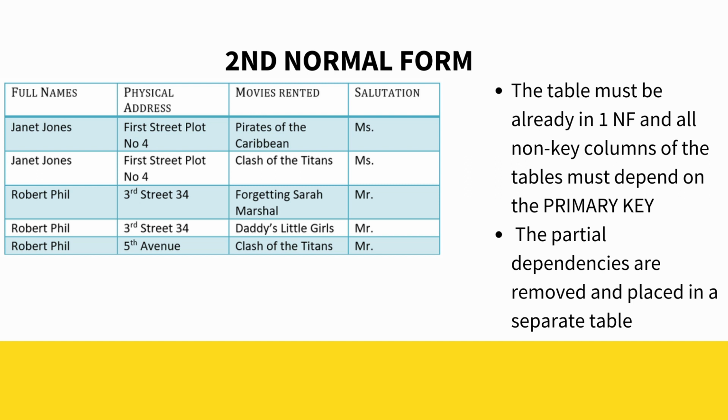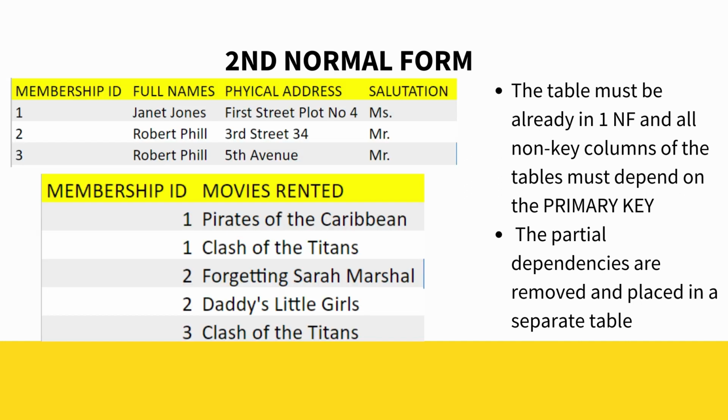This table also doesn't have partial dependency, so it's good. A partial functional dependency is when you have a composite key, a primary key that is made up of multiple columns, and one of the non-key columns is functionally dependent on one of, but not all of, the columns that make up the composite key.